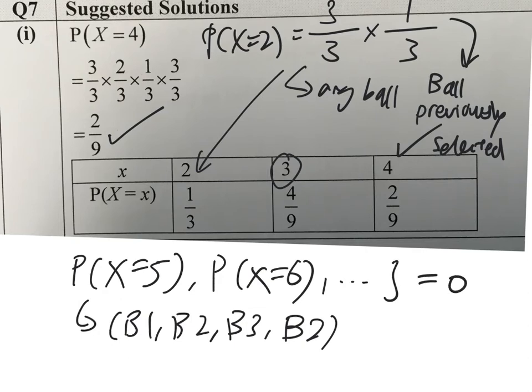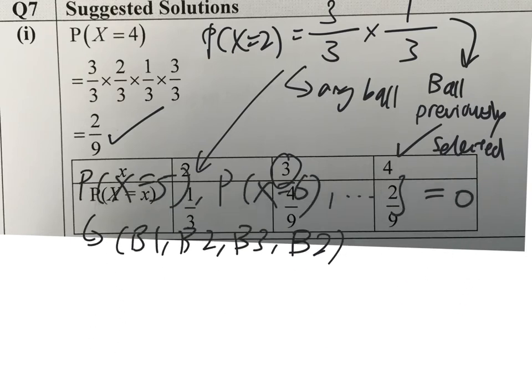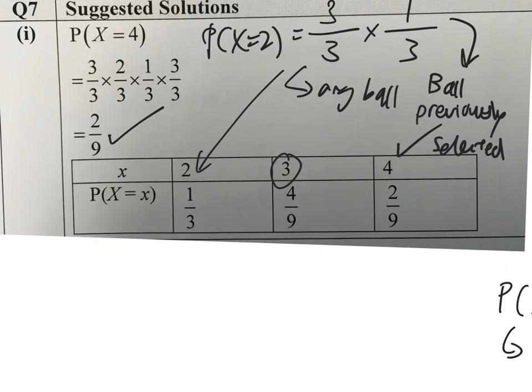So all the rest of the events here, their probabilities are all equal to 0. So X could only be 2, X could only be 3, X could only be 4. Therefore simply you can find P(X=3) by taking the complement.